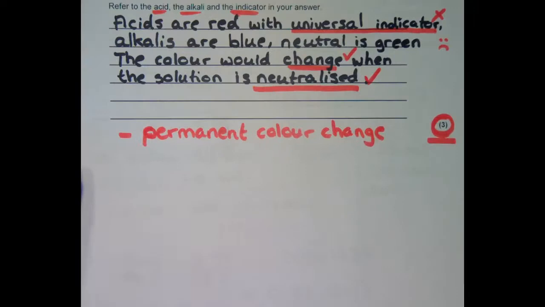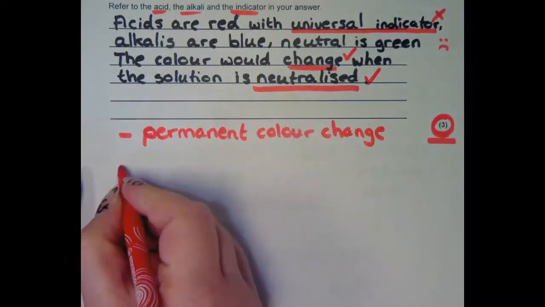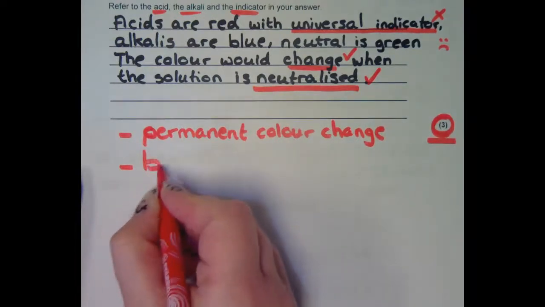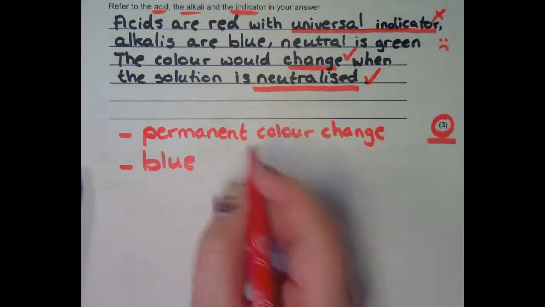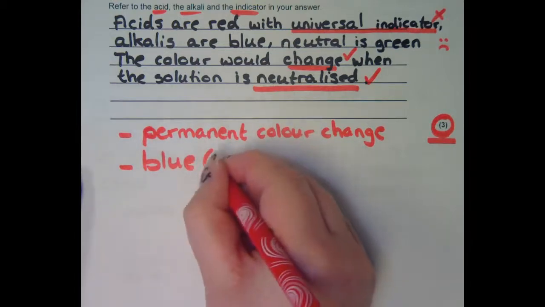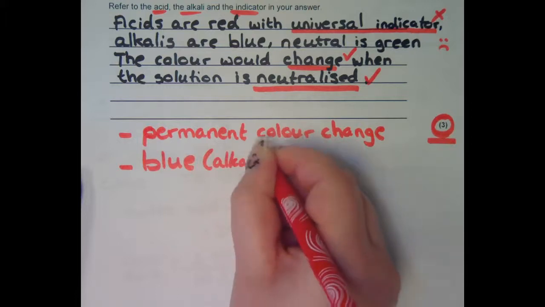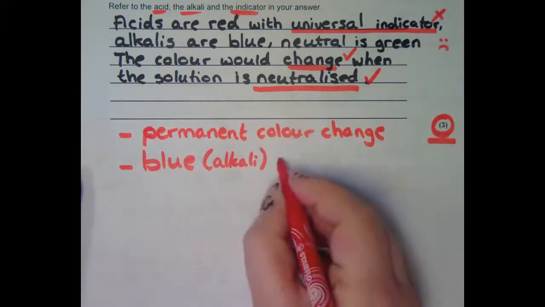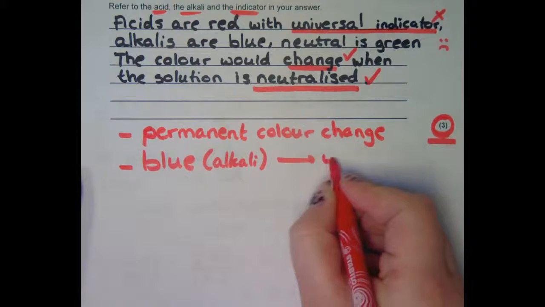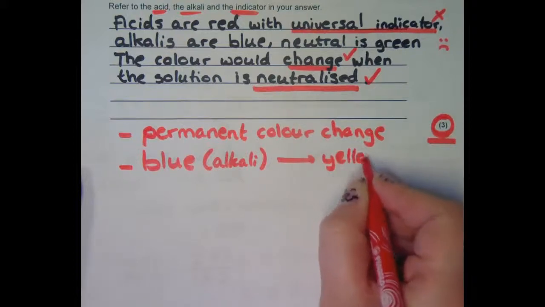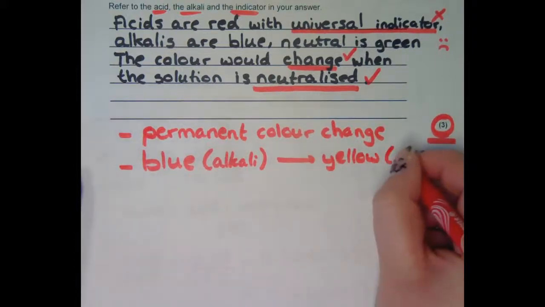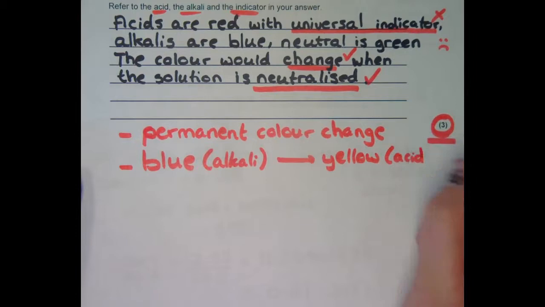The second mark is for stating that it will go from a blue colour, which is obviously linked to the alkali, and as they are adding the acid, it will go to a yellow colour. First mark, colour change. Second mark, stating what the colour change would be.